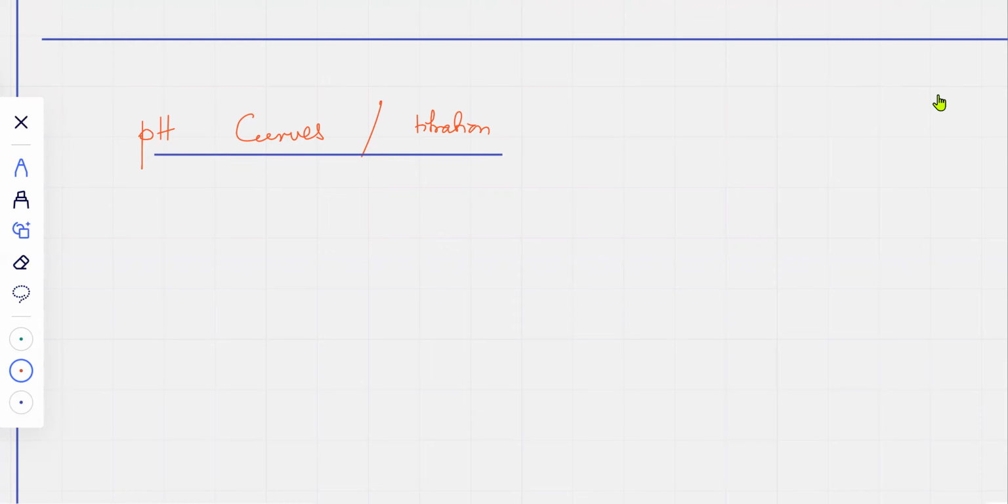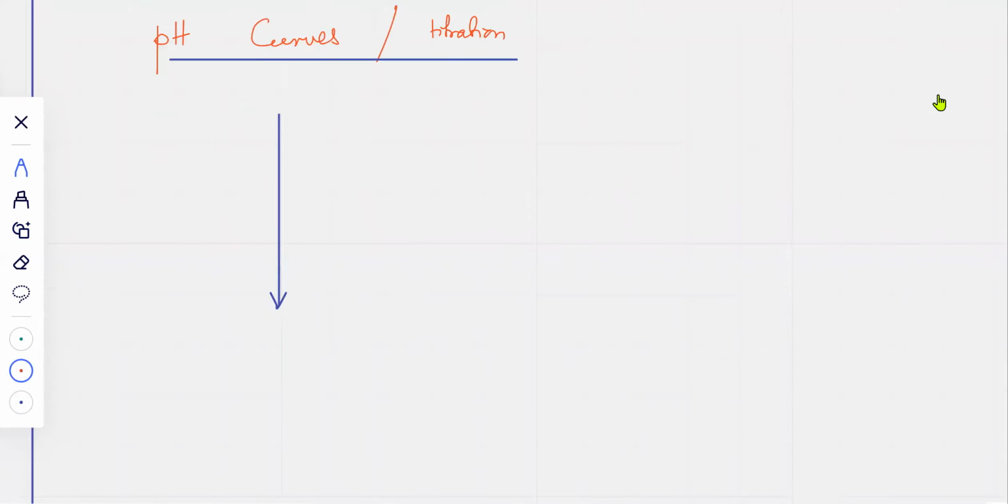And when you're titrating something, what happens is you have a burette. The burette might have a base, so maybe there's NaOH present in the burette, and at the bottom there is probably a conical flask, and in that conical flask you'll have some acid, let's say ethanoic acid.